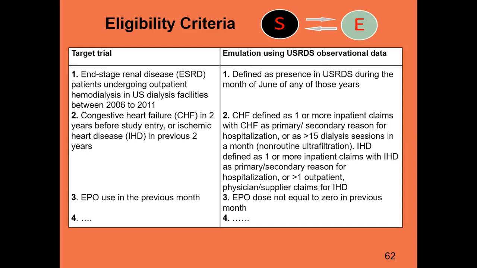To be explicit, we can include in the emulation column details regarding data source, variable name, and variable value that were used for the emulation. For example, for criteria number 2 listed in this slide, we included the ICD-9 codes in the appendix that are used to define CHF and IHD.